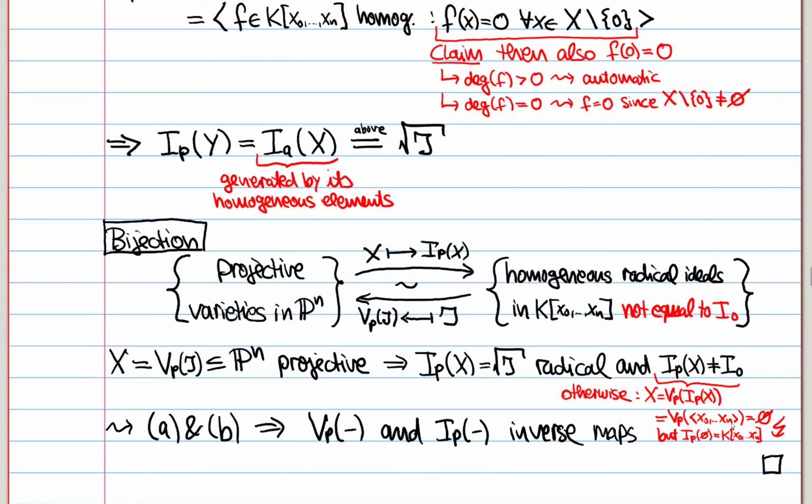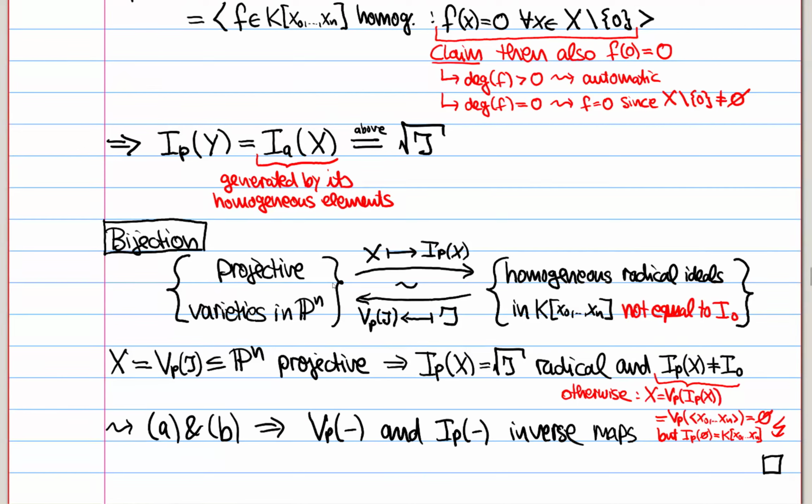We plug this in, so we get the vanishing locus of the irrelevant ideal. But we saw this is the empty set. And now we get a contradiction because the ideal of the empty set is equal to the full ring, whereas we assumed that the ideal of X is equal to I0. So this gives a contradiction. And so we know this map IP of X can never hit this irrelevant ideal. That's one of the reasons why it's called irrelevant.